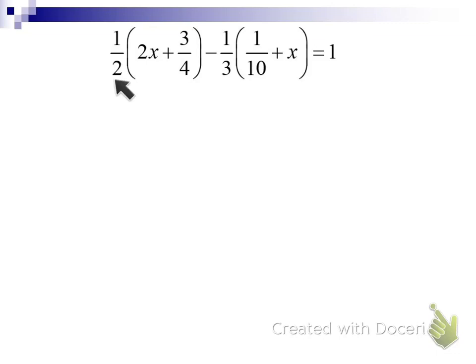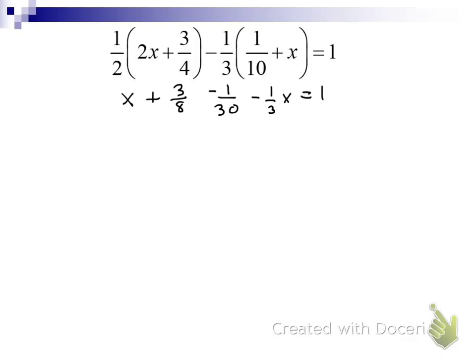Do you guys want help with the first step? Half of 2x is 1x. Yeah. Oh, wait. We're going to get half of 3/4 would be 3/8. Then I'm going to distribute a negative 1/3 through, which becomes negative 1/30. And then negative 1/3 x equals 1.